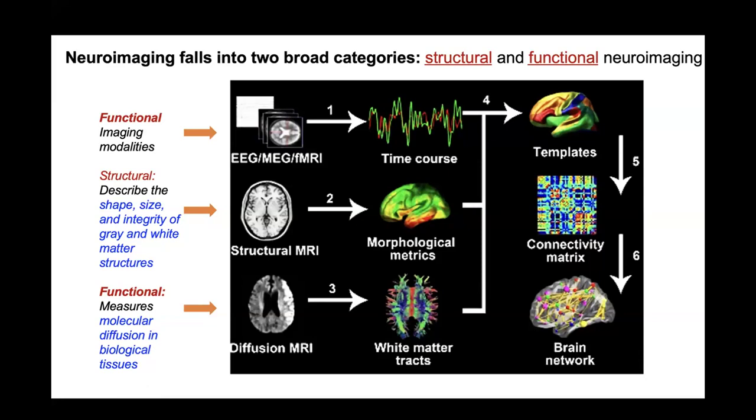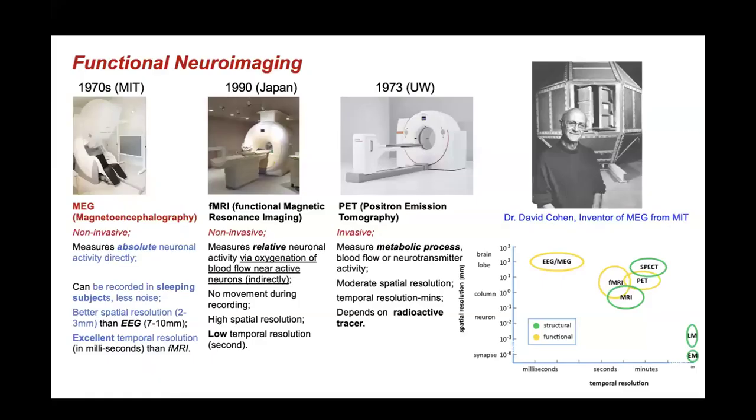Based on the brain atlas, we can extract brain regional level time series, and then compute the brain connectivity matrix, the adjacency matrix for the graph. Because our main focus is on MEG neural imaging data, we can compare with other functional neural imaging modalities. We can see that it has very good temporal resolution.